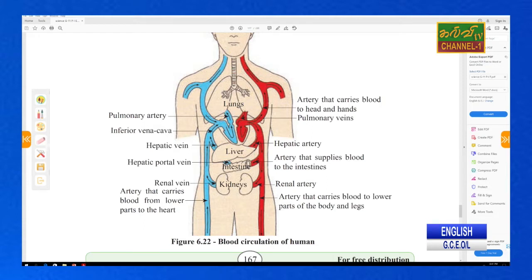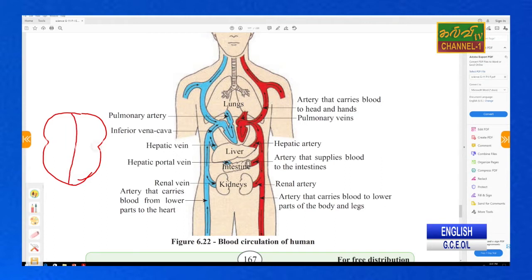Here the aorta, the main vessel from the heart. This is the aorta.